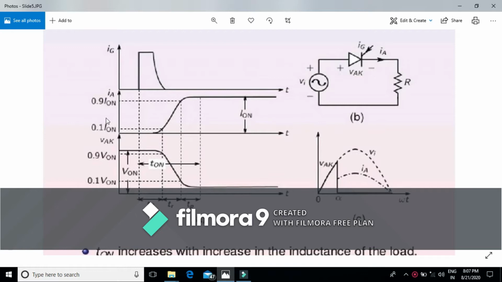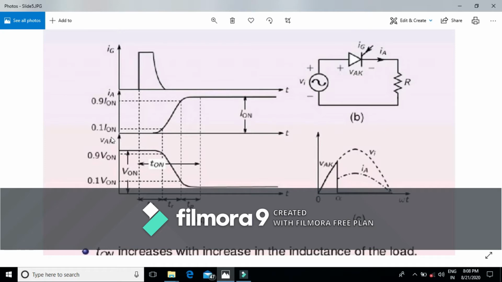Here IG represents the gate current, IA represents the anode current or forward current, you can represent it by IA or IF, and this third graph is the anode to cathode voltage, which you can represent by VF also, that is forward voltage.